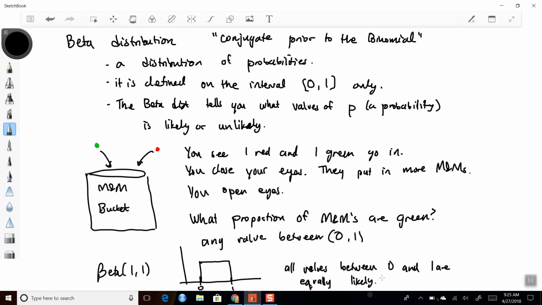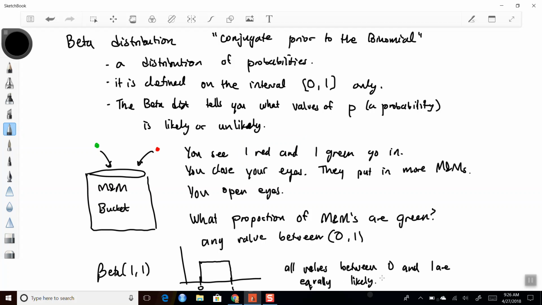Right, on the beta 1-1. Well, this is how we define the beta distribution. The beta distribution has these two shape parameters. It's kind of like when you say the normal PDF is defined by mu and sigma, and it's 1 over root 2 pi sigma times e to the negative x minus mu quantity squared over 2 sigma squared, something like that.